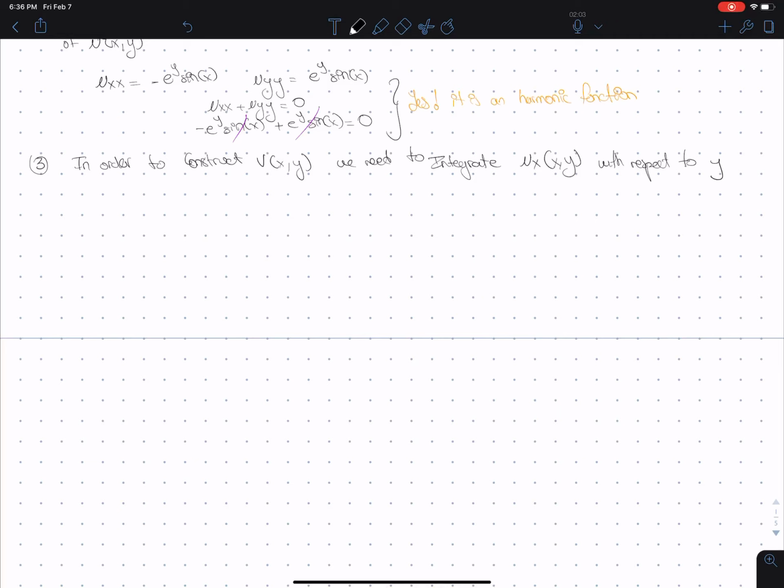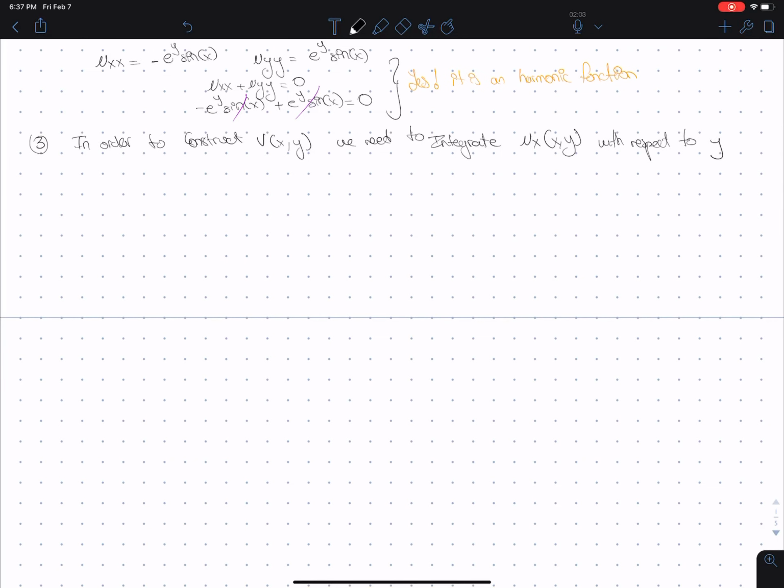Because if we remember from complex numbers, we know that u of x is equal to v of y. It comes from the Cauchy-Riemann equations. As well, u of y is equal to the negative of v of x. Since we are interested in getting v, the imaginary part, we can integrate in terms of y in order to get it.